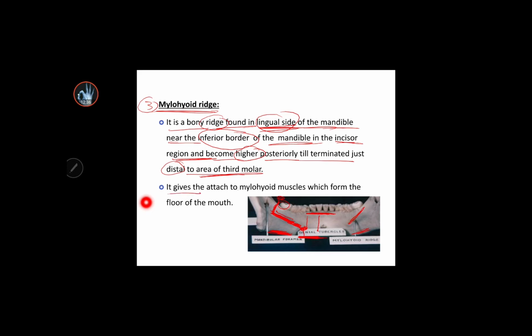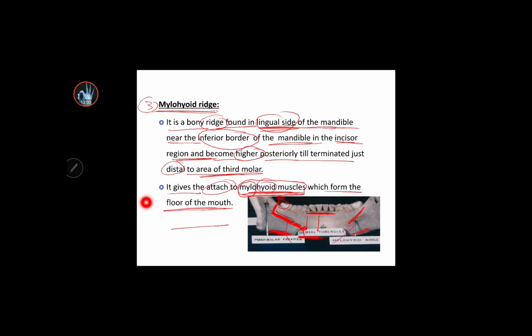It gives attachment to the mylohyoid muscles, which form the floor of the mouth. We have the floor of the mouth, which is covered by a muscle called the mylohyoid muscle. The mylohyoid muscles attach to the mylohyoid ridge and the hyoid bone.